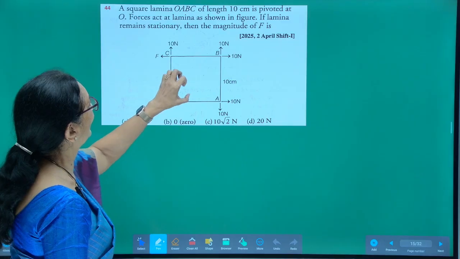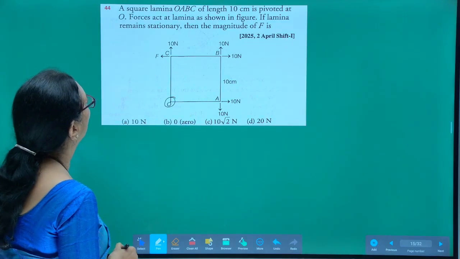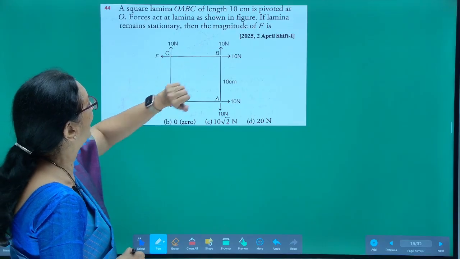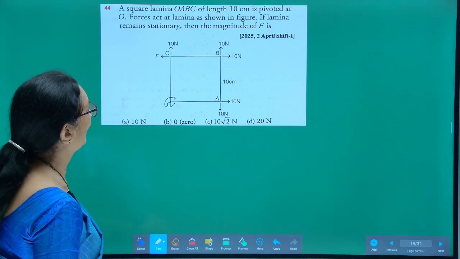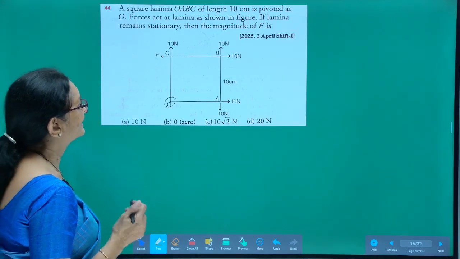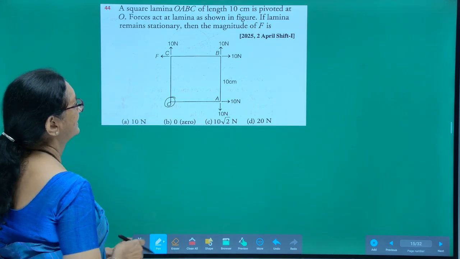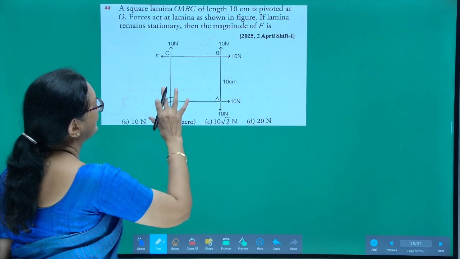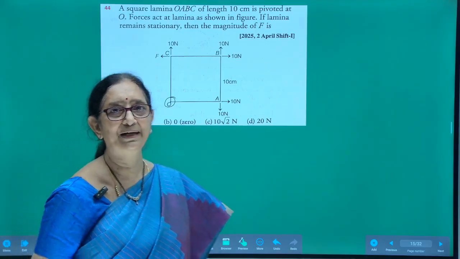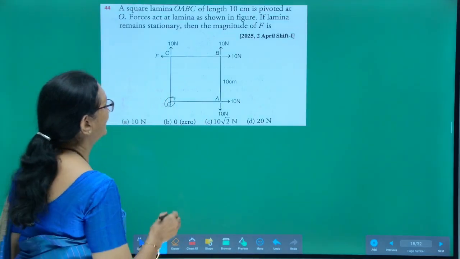A square lamina is pivoted at the point O. Forces act on the lamina as shown. Lamina remains stationary, then the magnitude of the force. See here, if this is stationary, sum of the clockwise moments must be equal to sum of the anti-clockwise moments.